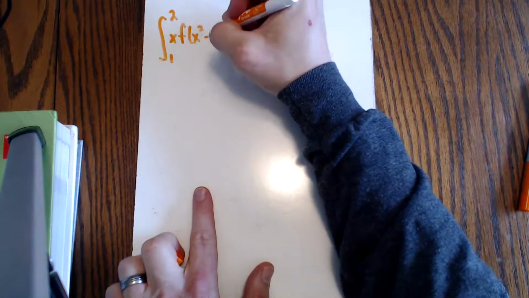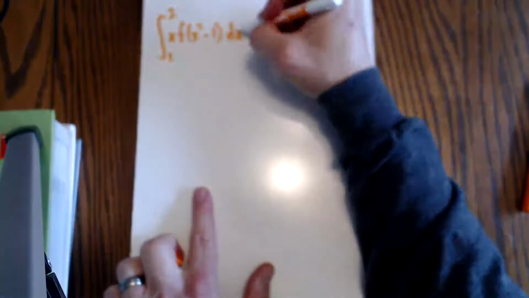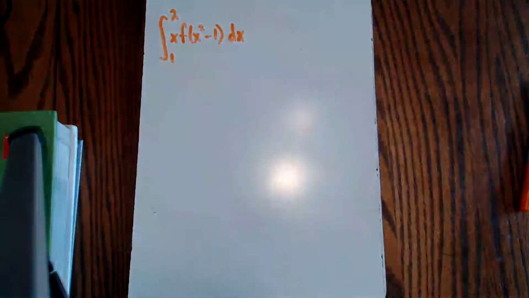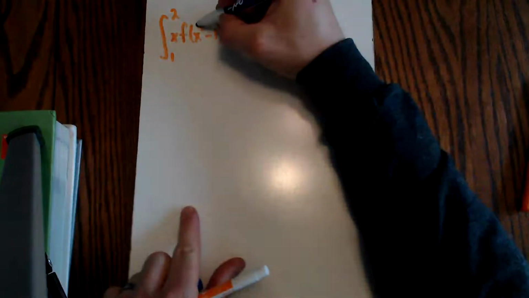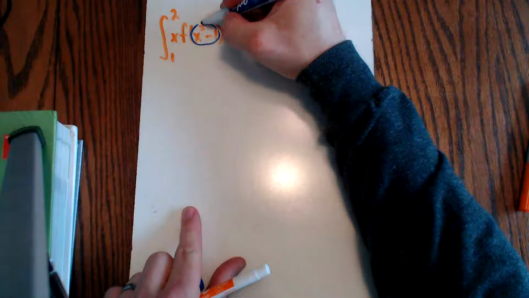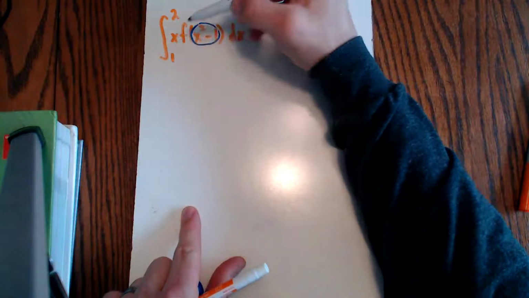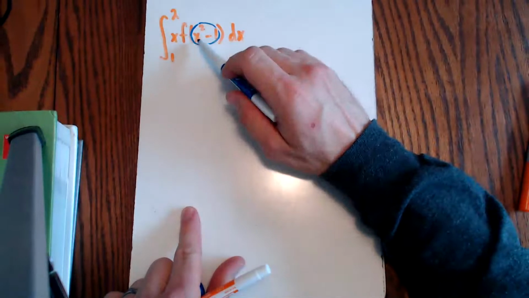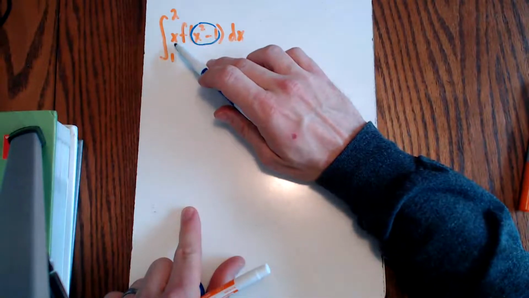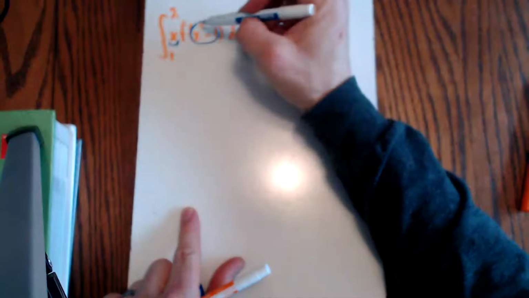Okay. So again, how do you recognize u substitution as the thing? That would be if you see that there's an inside whose derivative is another factor in the integrand. So the derivative of that inside is 2x. I don't care about the 2, but x is key. So this came from the derivative of that.